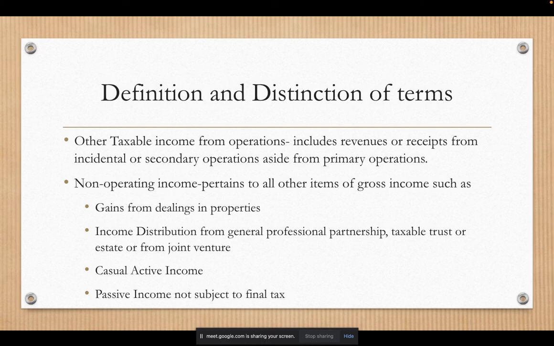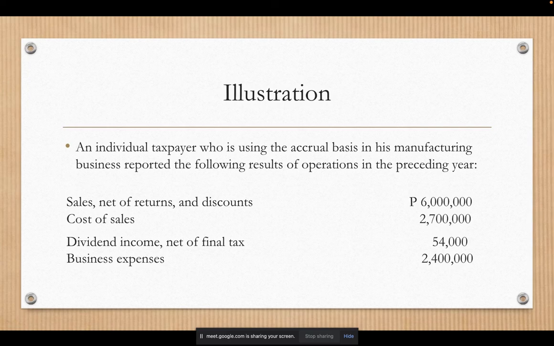Okay, other taxable income from operations includes revenues or receipts from incidental or secondary operations aside from primary operations. And non-operating income pertains to all other items of gross income such as gains from dealings in properties, income distribution from general professional partnership, taxable trust or estate, or from joint venture, casual active income, and passive income not subject to final tax.